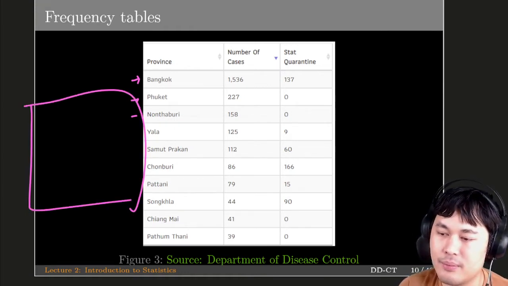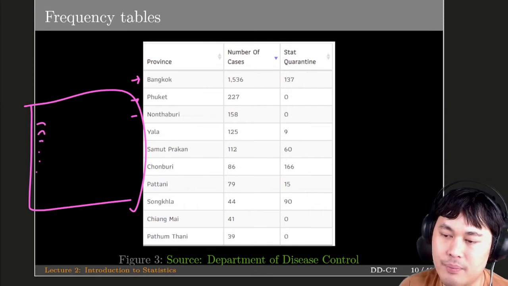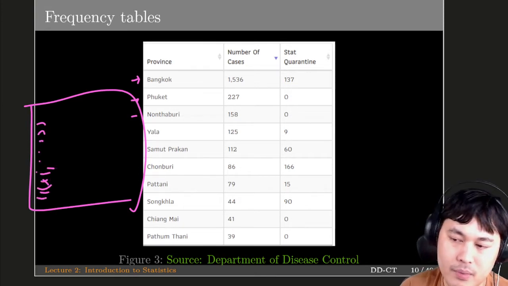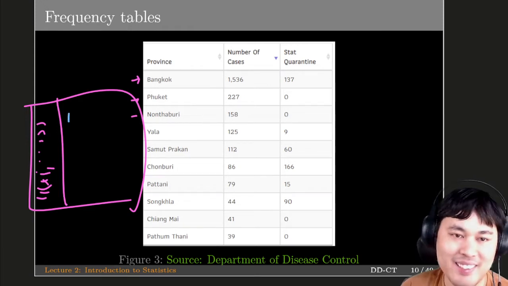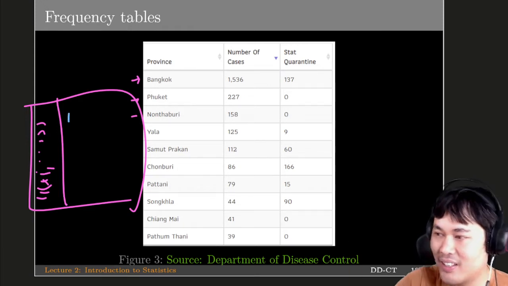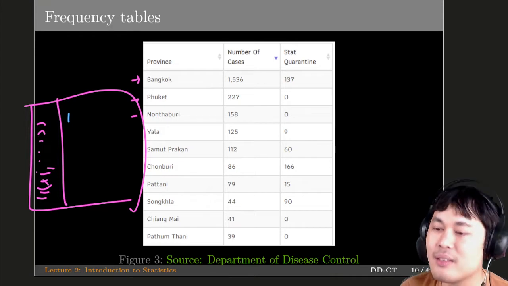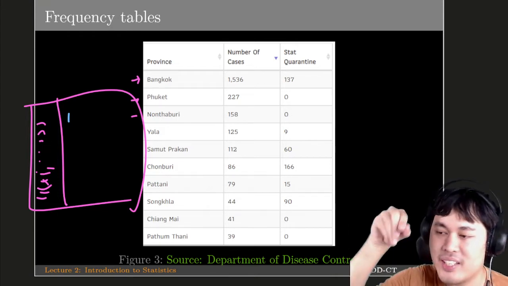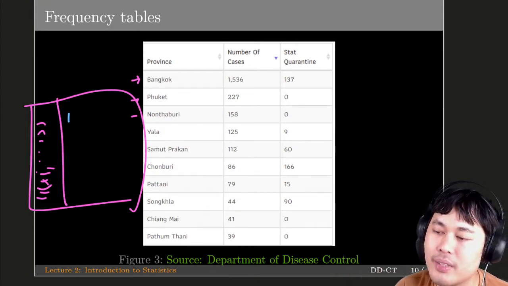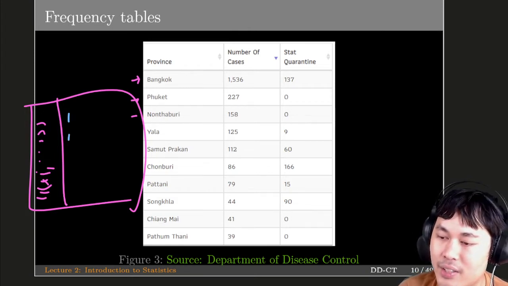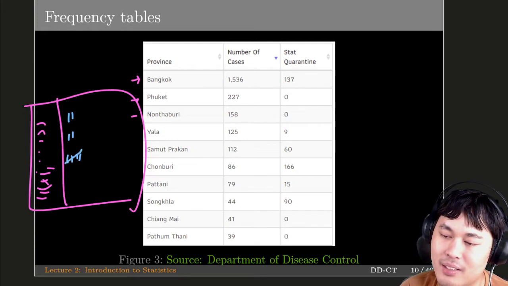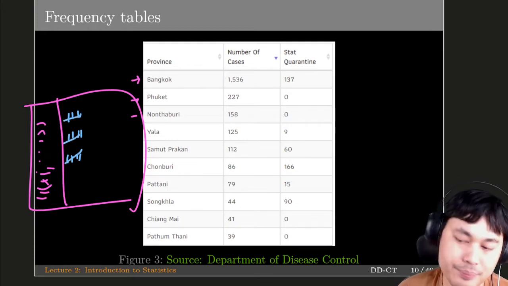You may have a list of provinces on the left, and on the right you simply tick. This person lives in Bangkok, so I put one tick in the Bangkok row. This person lives in Nonthaburi, okay, so it's there. And then you keep ticking, you keep asking, until you finish.